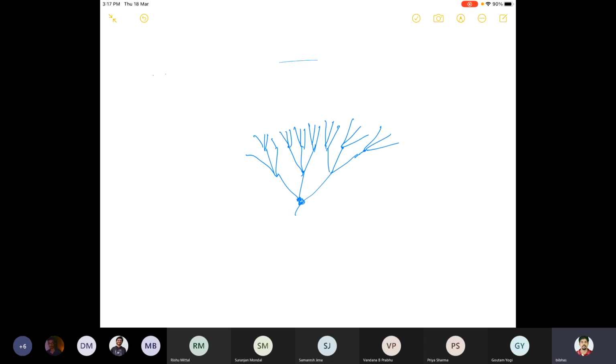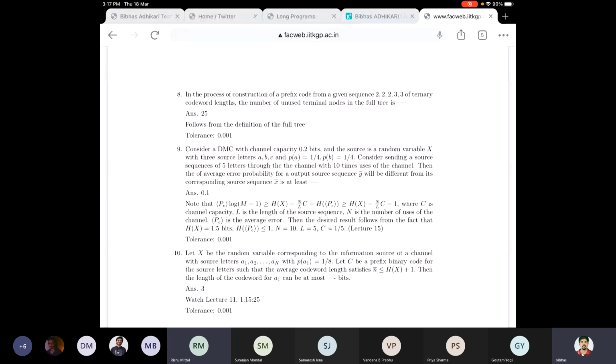So now what is there? When we take the length 2 codes, they cannot extend to length 3 because we already used them for 2. So we cannot use these two to extend further to leaves.